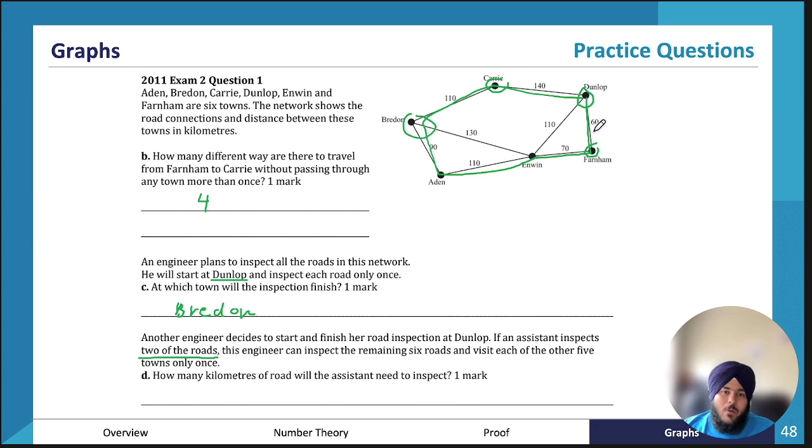That's 5. Again, doesn't work. So this is the only possible way. So therefore, the 2 that the assistant will be inspecting will be these 2 over here. So this one and this one. So just totaling it up, it will be 240 kilometers.